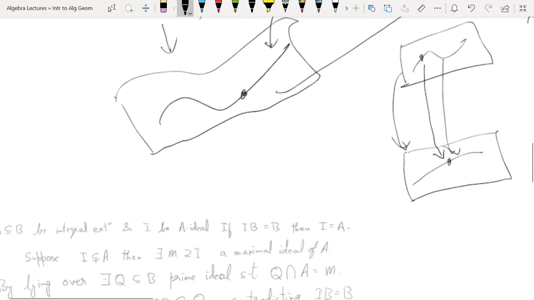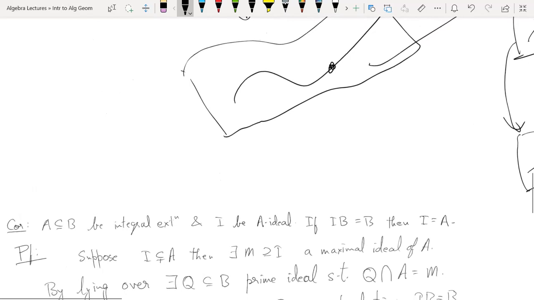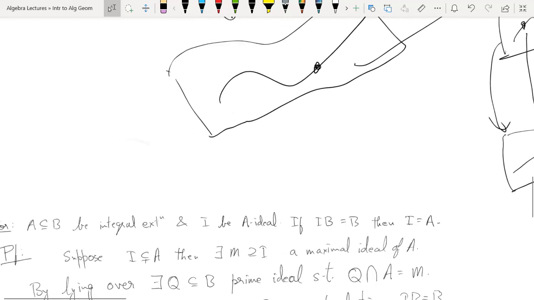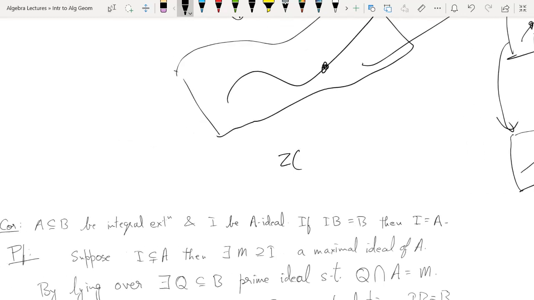And what does this corollary say? You look at the zero set of the ideal IB. It says that the zero set of IB is empty. If IB is equal to B, that means there is no maximal ideal containing it.